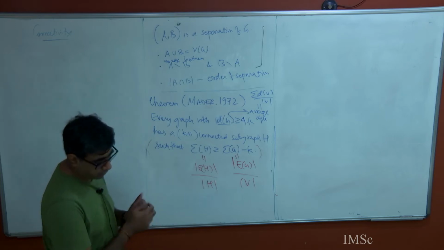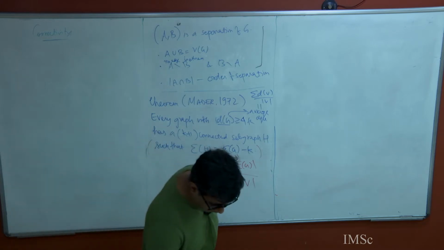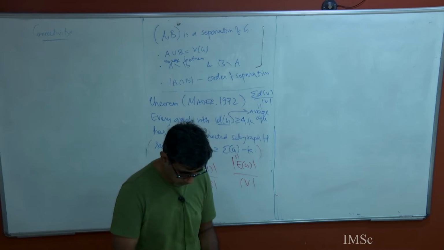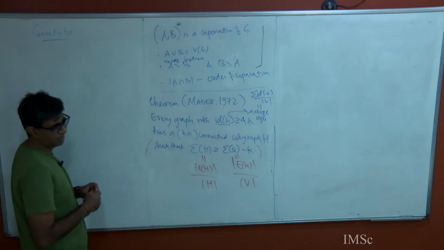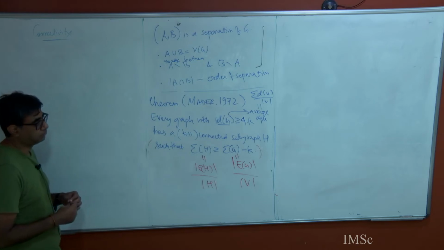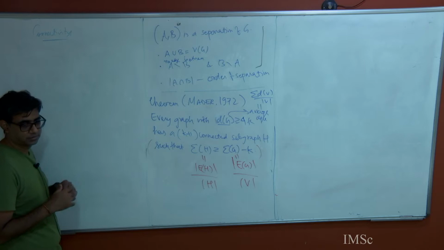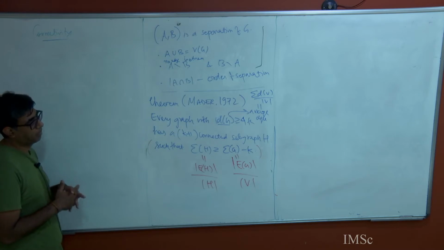But here what they're trying to do is one strategy: you essentially guess the subgraph, and you basically prove that that subgraph has all the properties desired.